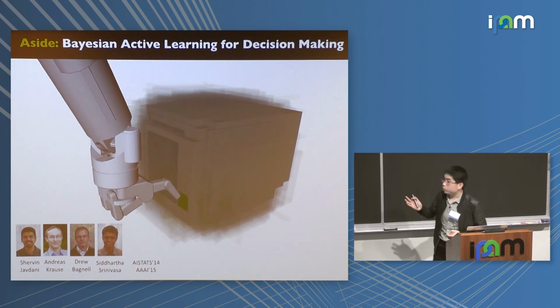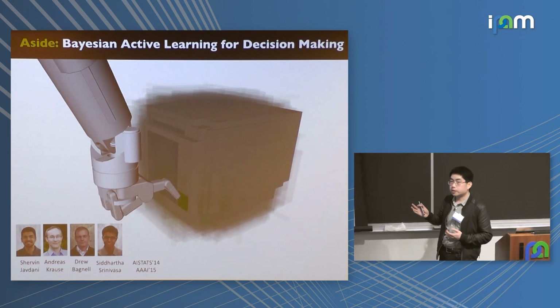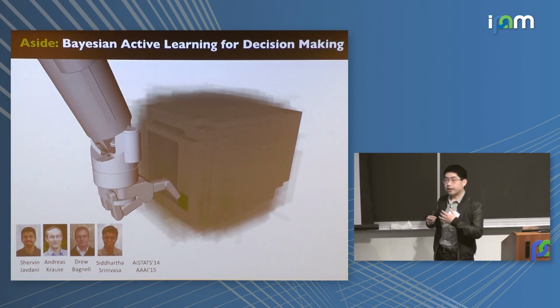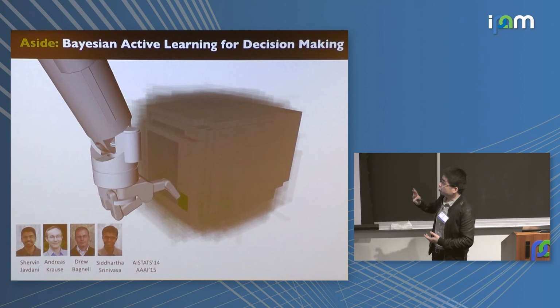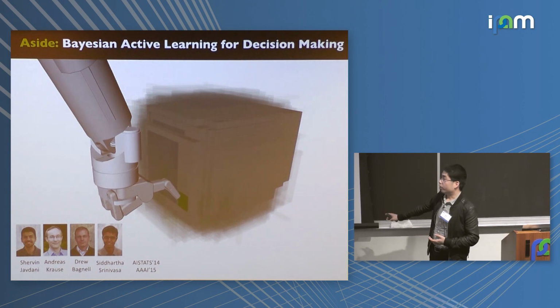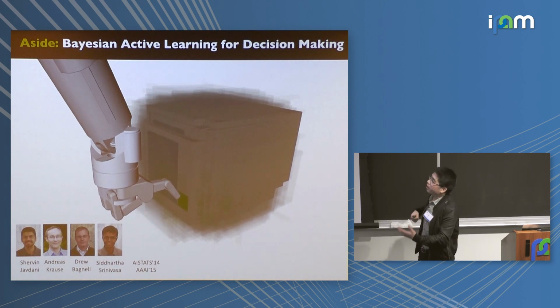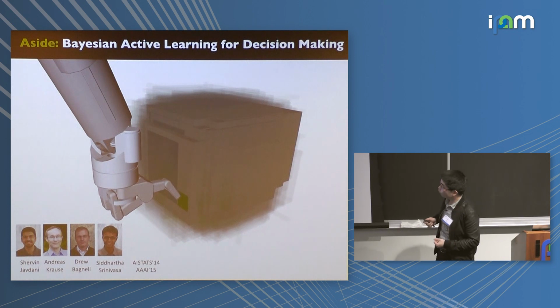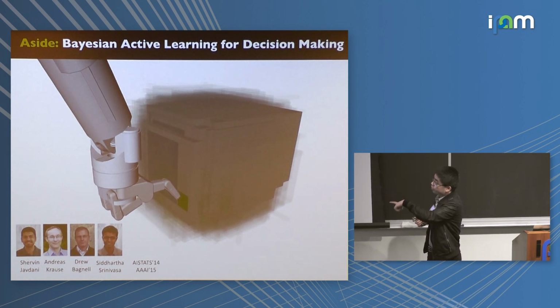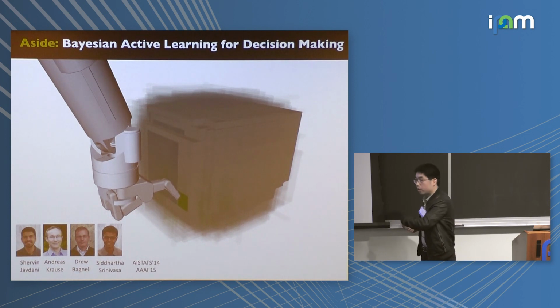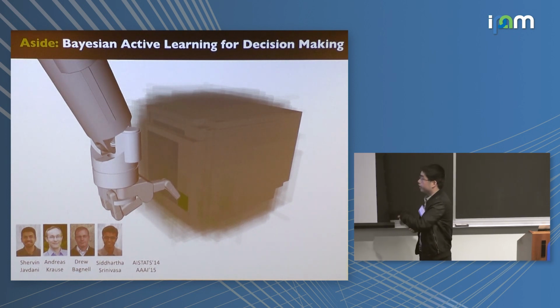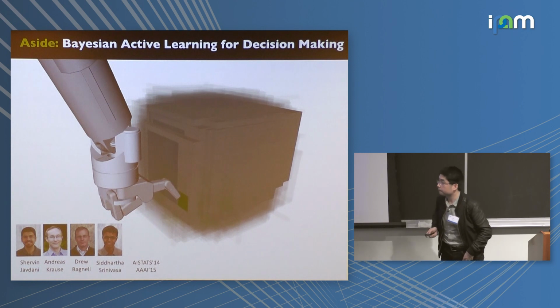Here I show you one example in control where we're trying to do touch-based localization. The setting is we have a robotic arm, and the goal is to open a microwave door. Here I have the illustration for a number of possible configurations of the location of a microwave in simulation. And we want the robotic arm to interact with the environment a minimum number of times to localize where that green button is.